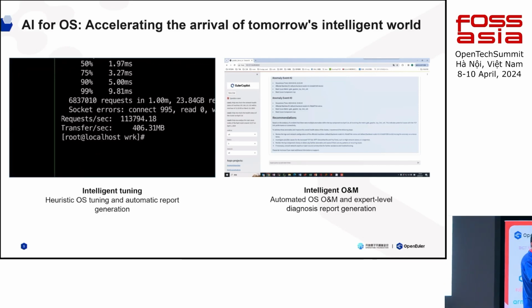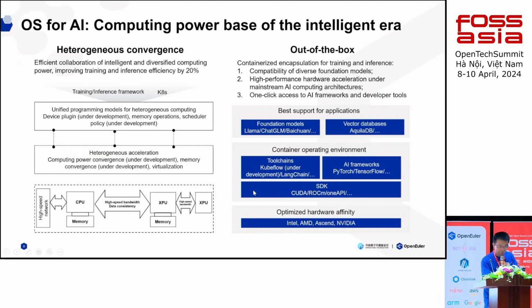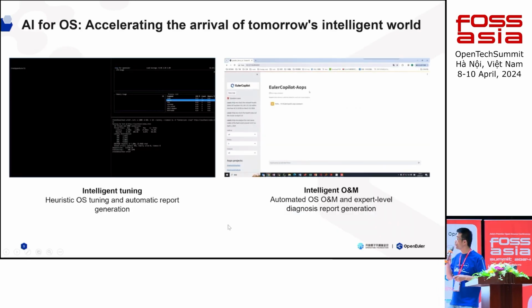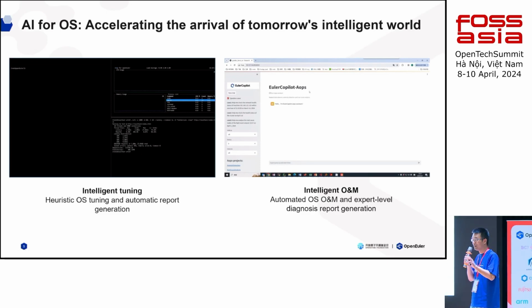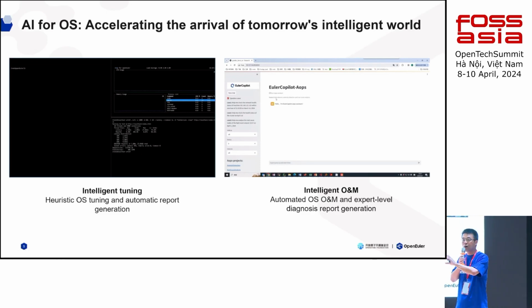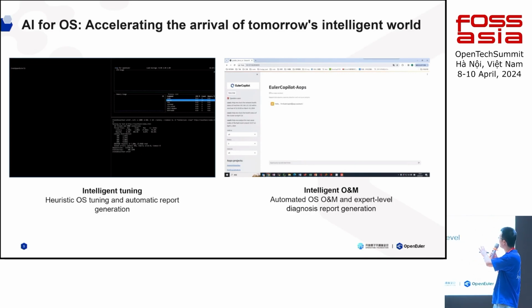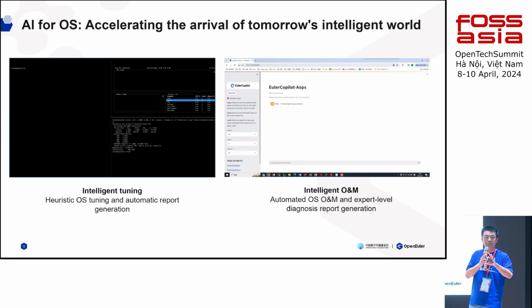That can help you link EulerCopilot and the AOps project. So you can use language to talk with the Copilot. Okay, I want to find out if there is any problem in the cluster at some time. The time is April 1st. On April 1st, maybe the cluster had some problem.